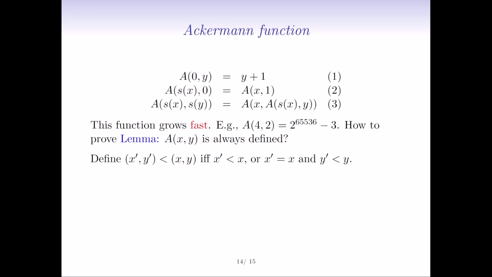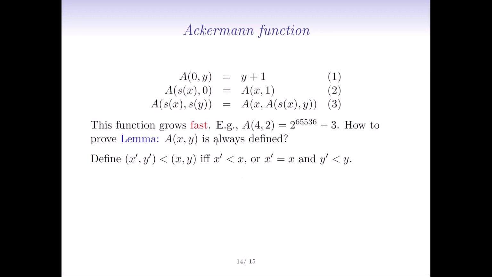In a dictionary, to decide the order of two words, you look at the first letter, and you order them by their first letters if they're different, and if the first letters are the same, then you look at the second letters, and if the second letters are the same, you look at the third letters and use that to decide the ordering, and so on. So lexicographic for that reason.